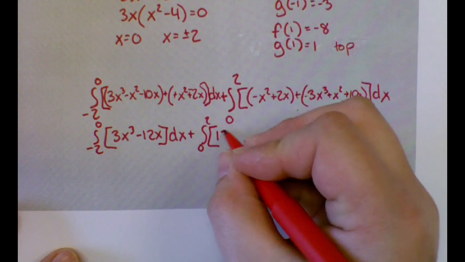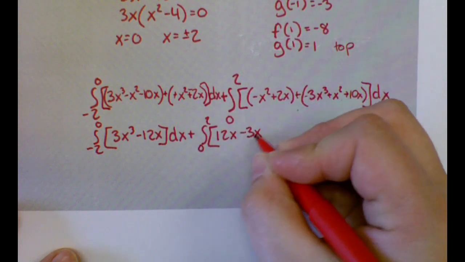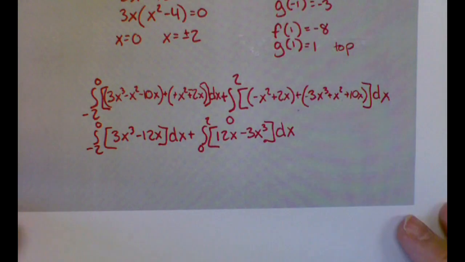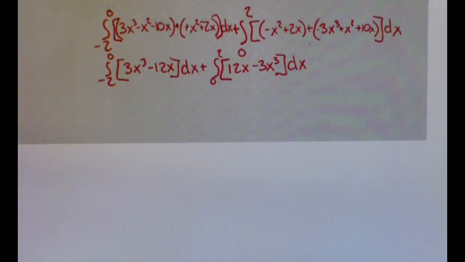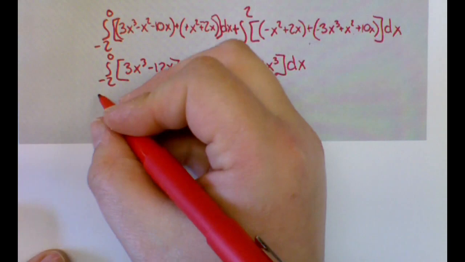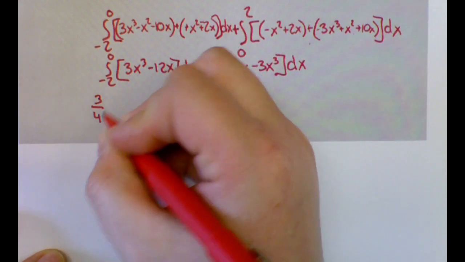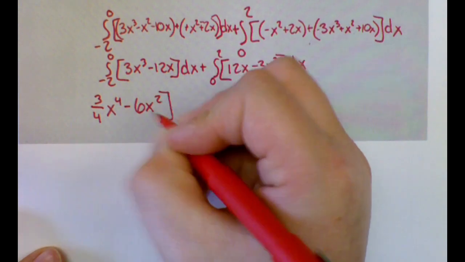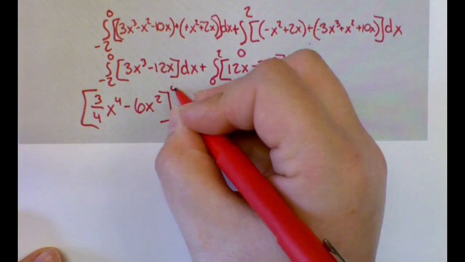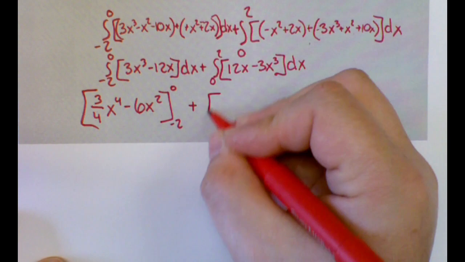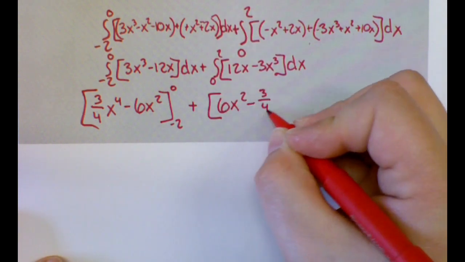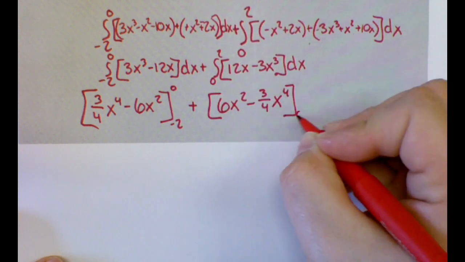I have 12x minus 3x cubed dx. Notice they're very, very similar. Just the positive and negative changes. So, antiderive, I have 3/4 x to the 4th power minus 6x squared, evaluated from negative 2 to 0, plus 6x squared minus 3/4 x to the 4th power from 0 to 2.